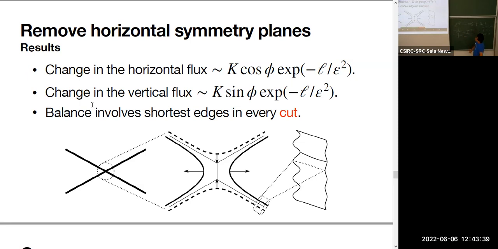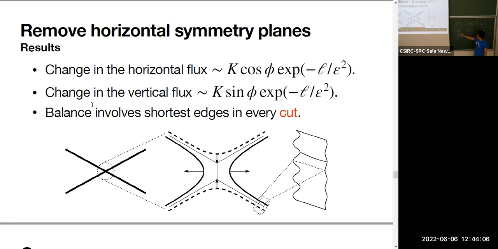So actually, I want these fluxes to be balanced not only around the vertices, but around any group of vertices. That's why I introduced another term from graph theory, the cut, which is a set of edges that separate your graph into disconnected components.